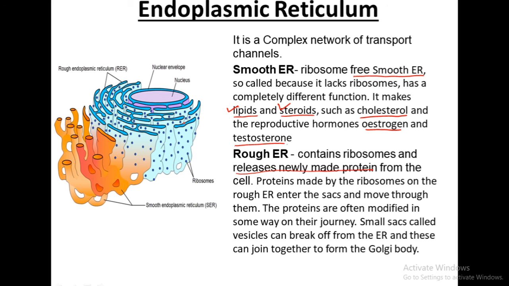In that way, during the protein movement, the proteins get modified, like a carbohydrate can be added or a lipid can be added to the protein. So these are the various modifications that can be done to the protein depending upon the function of the protein in the cell.